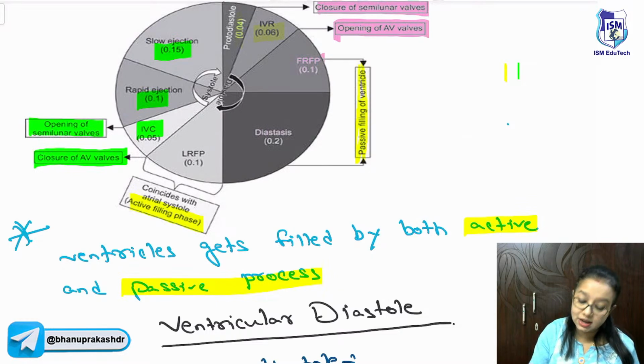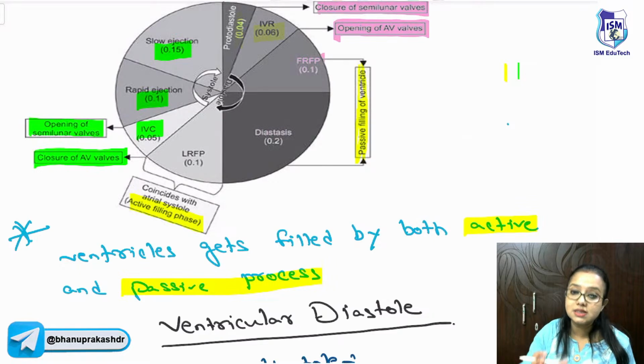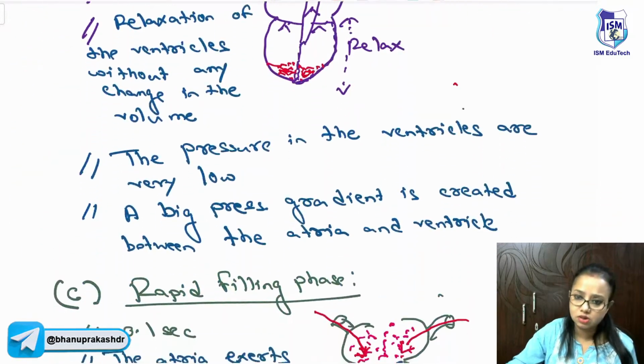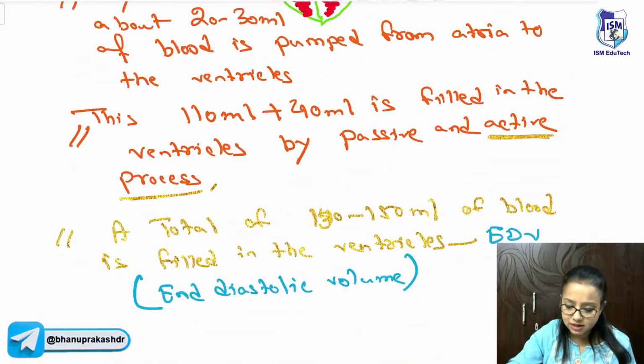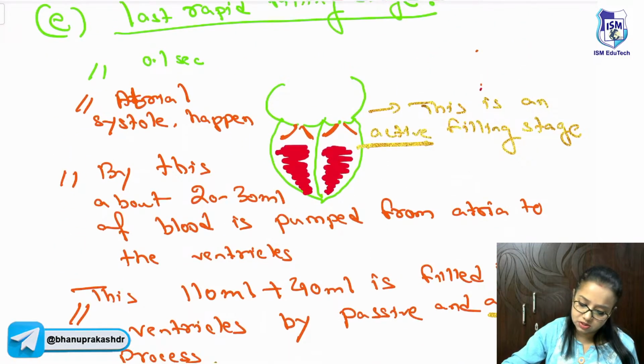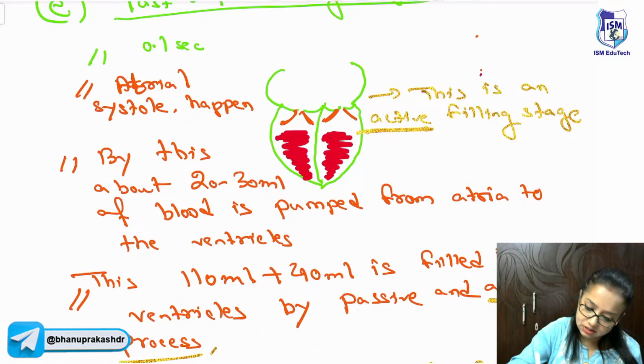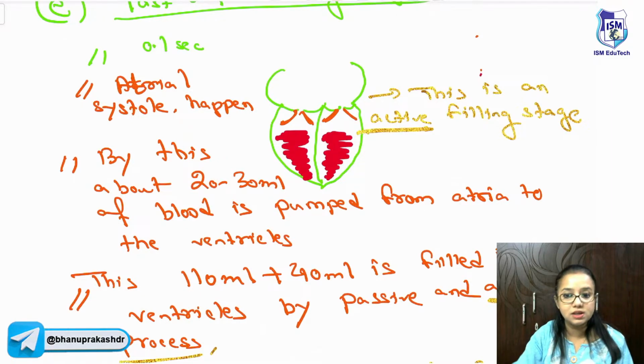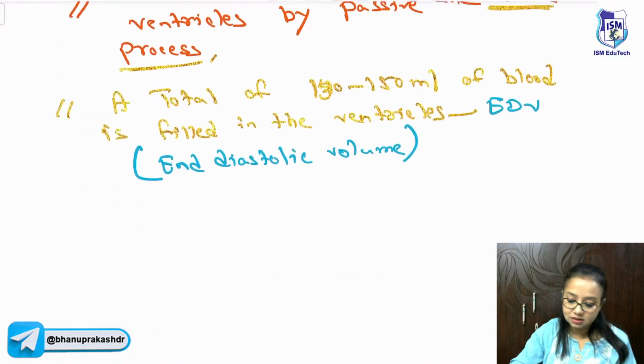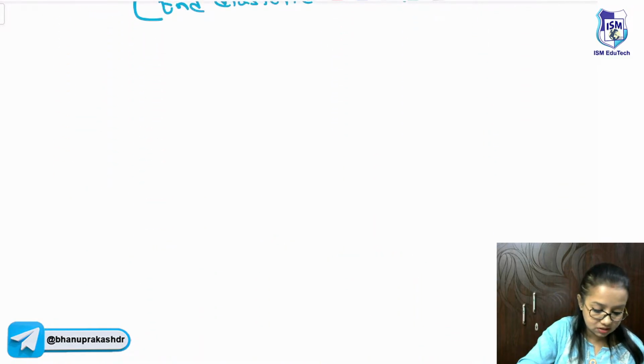It comes within the ventricular diastole. And we know atrial systole happens only for a very small time, about 0.1 second. So these are the filling phases of the ventricle.